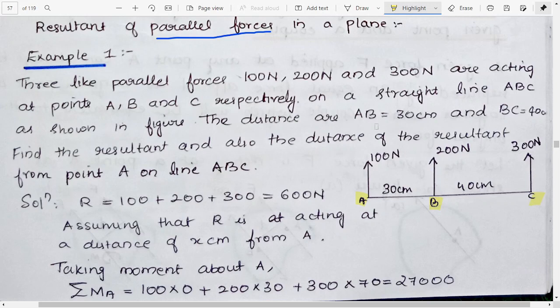The distance AB is equal to 30 centimeter, BC is equal to 40 centimeter. We need to find the resultant and also the distance of the resultant from point A on the line ABC.